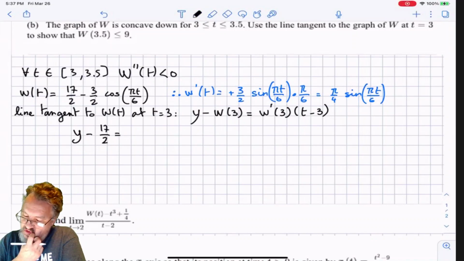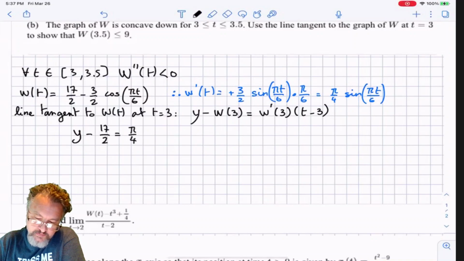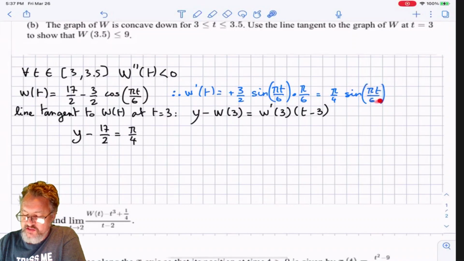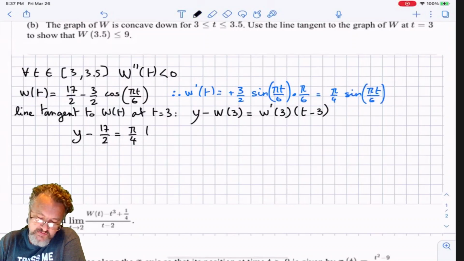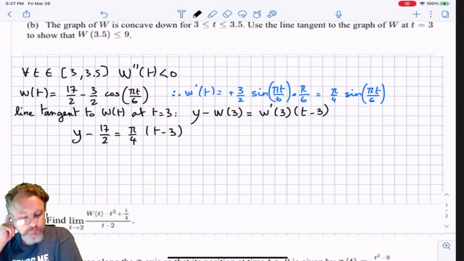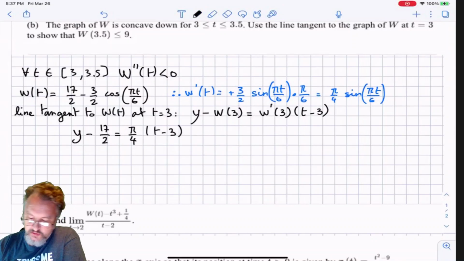equal the derivative. It's just going to be pi over 4. If you replace t by 3 right here, that's pi over 2. Sine of pi over 2 is 1. 1 times pi over 4 is just pi over 4. And then we're going to have t minus 3. Okay, so that's my tangent line.